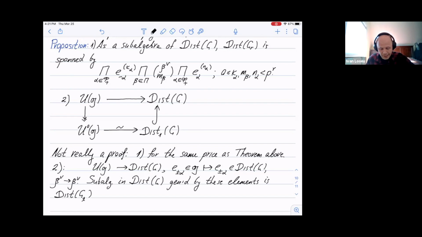The point being that when all of your exponents here are less than p, then you don't really need to take any divided powers formally. You can just take the corresponding power and divide, because everything you divide by is non-zero.